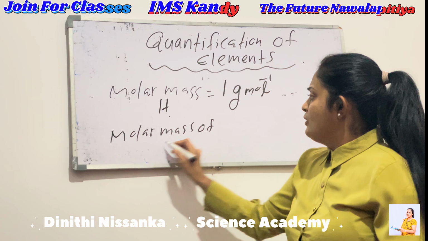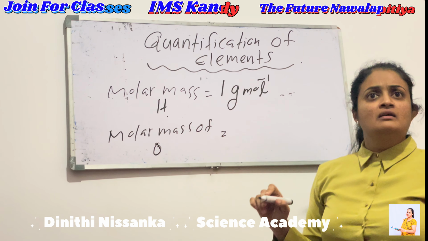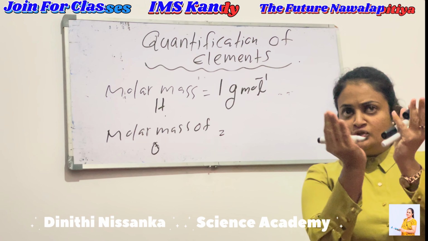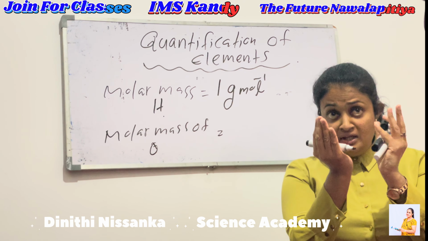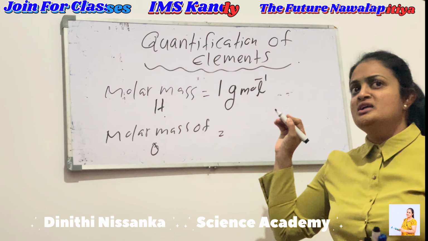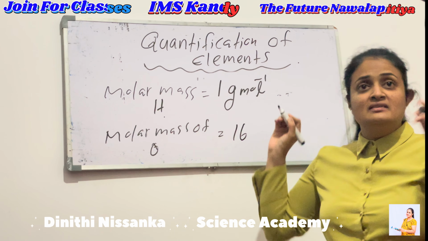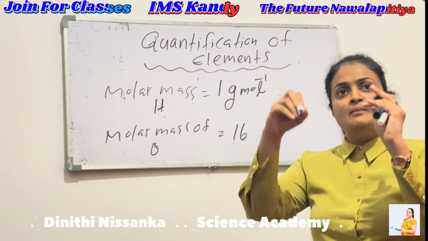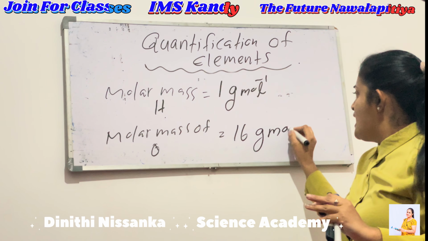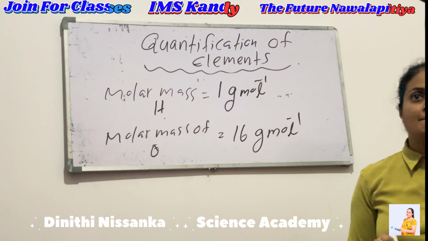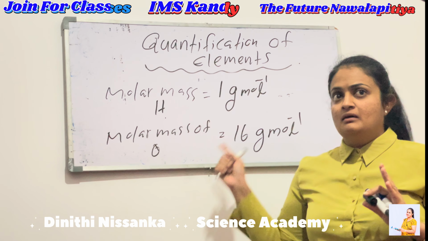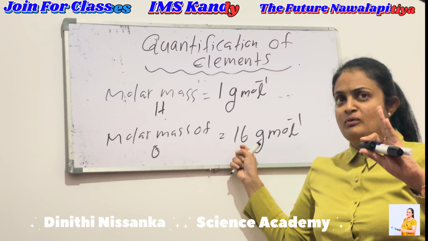It is 16. Alright, 16. Then the molar mass of oxygen is 16. What is the unit? 16 grams consist of 1 mole. Therefore, the unit is 16 grams per mole. Okay. Molar mass consists of 1 mole.